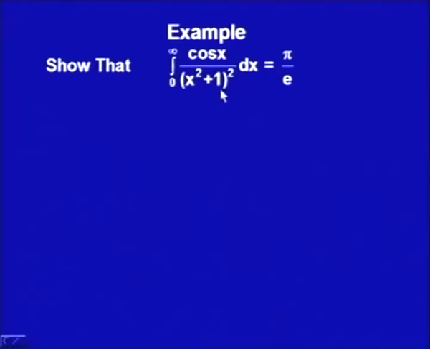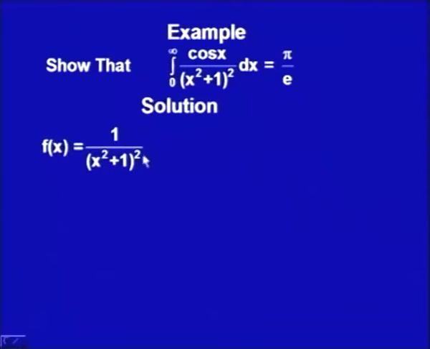So we have to check the conditions for f(x). If it satisfies all those conditions, we can move to the method we just learned. So let us see what my f(x) is. My f(x) is 1 upon (x square plus 1) whole square.